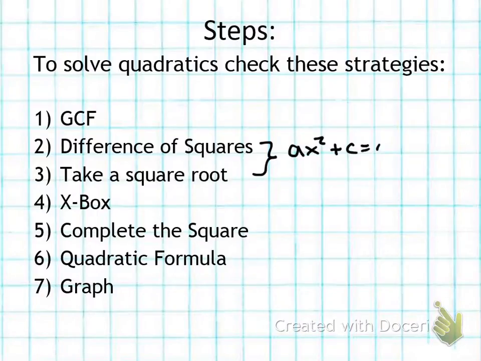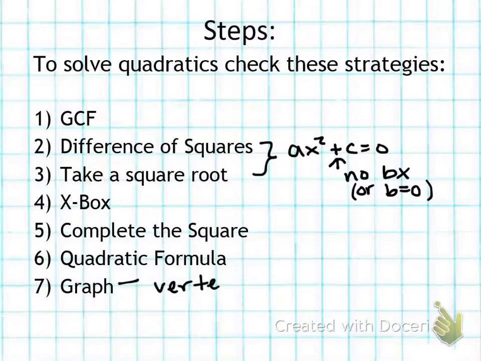For 2 and 3, you want to make sure that it's in this form if you do difference of squares or taking a square root. Difference of squares or taking a square root, you can't have a middle term. So you can't have something that just has an x. You have to have just something with an x squared and then just a constant equal to 0.